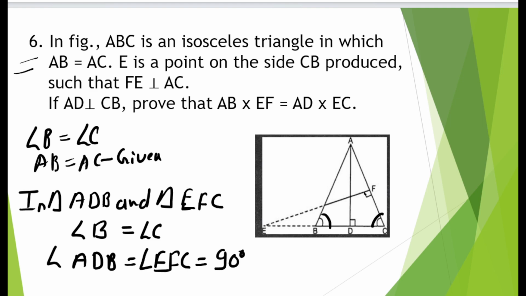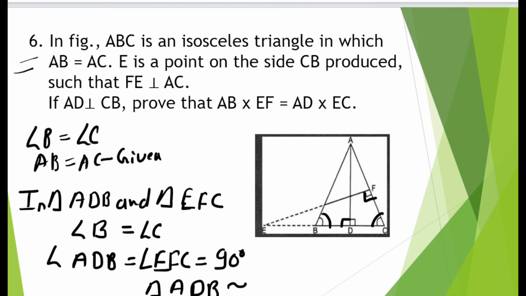We see here this angle 90 degrees and this angle also 90 degrees. It means triangle ADB is similar to triangle EFC by AA.